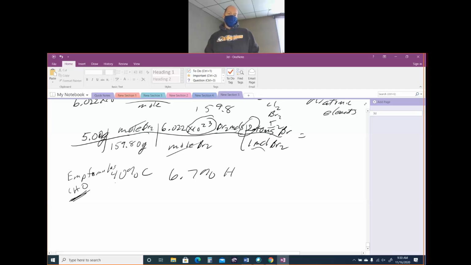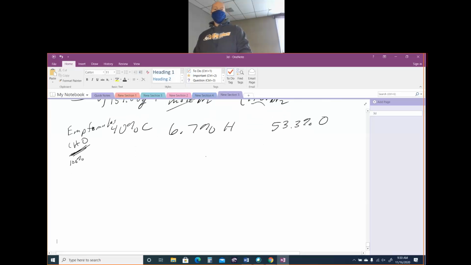So it's got 40% carbon, 6.7% hydrogen. The rest is oxygen. So that means that your percent carbon, percent hydrogen, percent oxygen have to equal 100%. And so that gives you 53.3% oxygen.